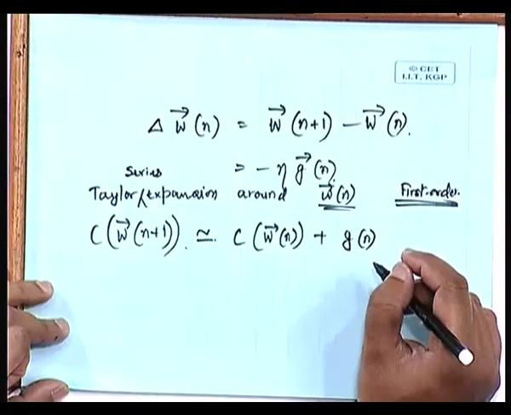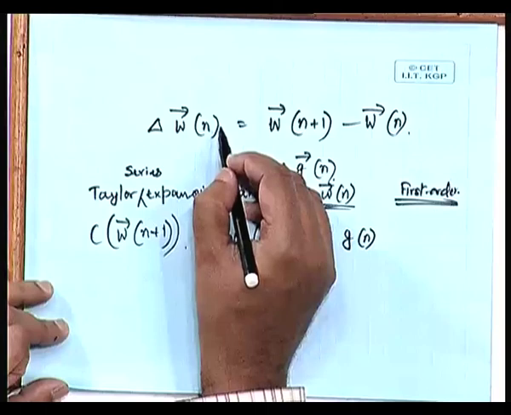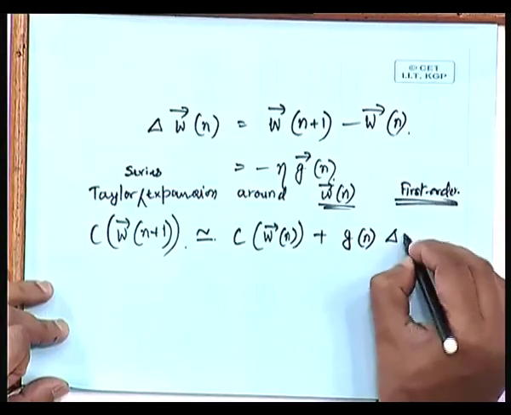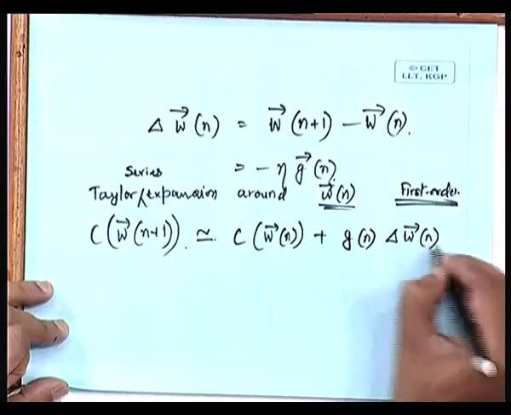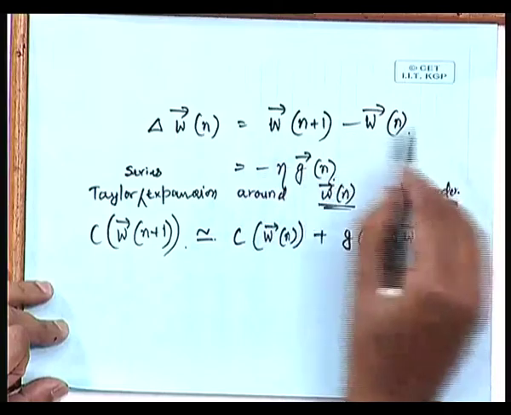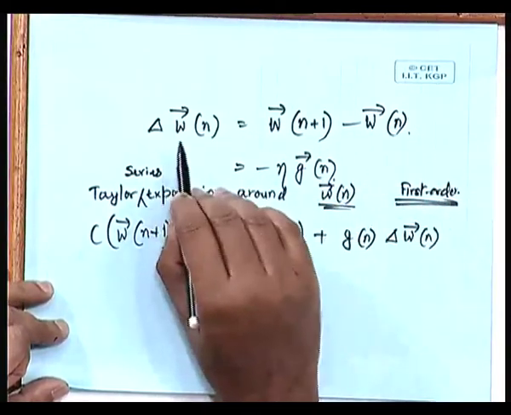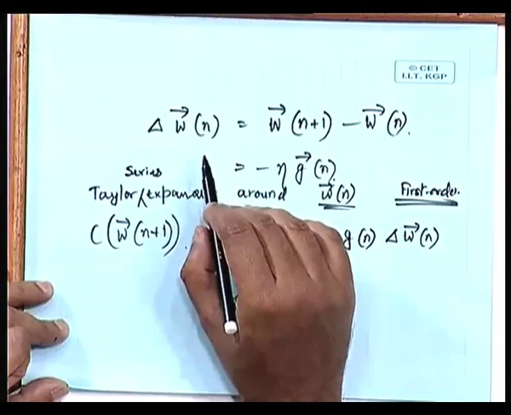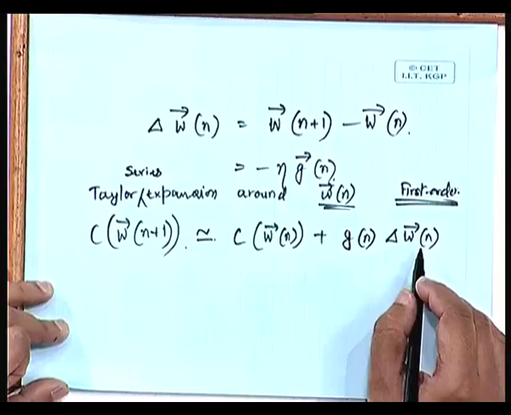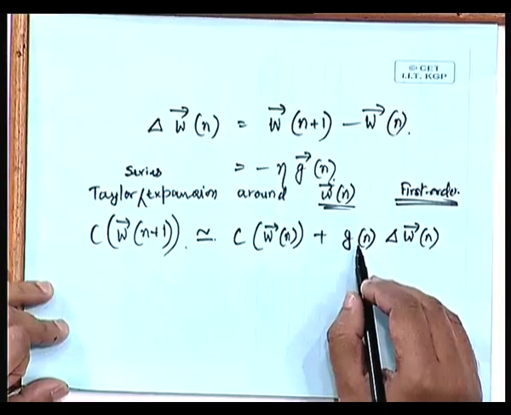what is that in this case? The change. What is the change? Delta W n. Delta W n is the small change that we are making. So, it is G n times delta W n. In fact, delta W n is a vector, naturally, because W is a vector and you are subtracting two vectors. If we express delta W n as a column vector, in order to multiply this by G n, we must express G n as a row vector.